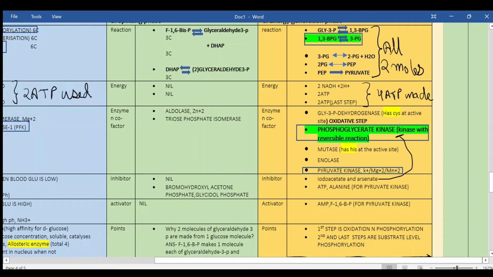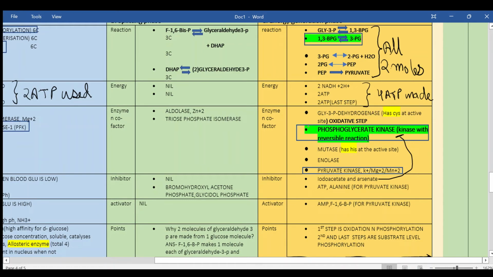And always remember one thing, when you see dehydrogenase, then it is having NADH or FADH as the energy currency. So here it is dehydrogenase, means we have NADH, and this is for the first step here. And this is the oxidative stage, and this enzyme has cysteine at the active site.